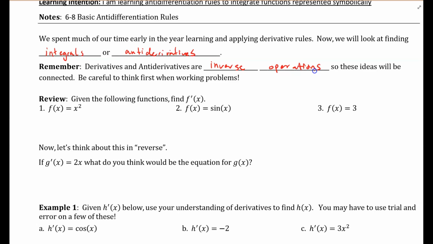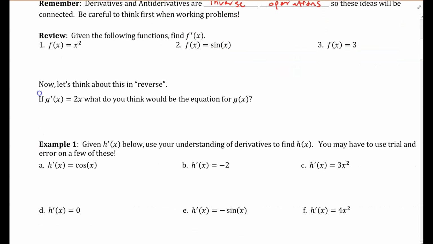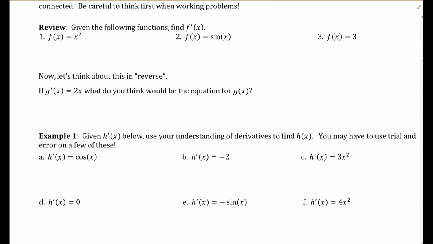Okay, so what we're going to go ahead and do is look at some of the following examples, and they say, given the following functions, find f prime of x. So we're going to exercise our derivative muscles first before looking at antiderivatives. So if I have f of x equals x squared, f prime of x is just going to be equal to 2x.